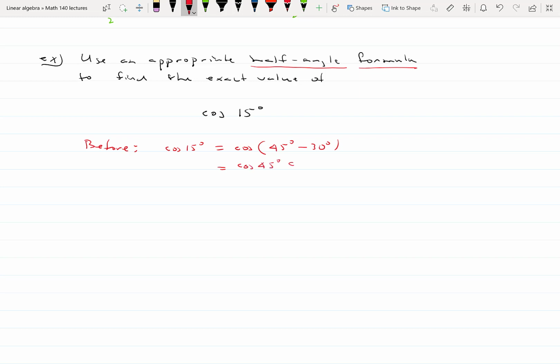Cosine 45, cosine 30, plus sine 45 degrees, sine of 30 degrees. And of course, these numbers are old friends. We know them, or we should know them by now. This is radical 2 over 2 times radical 3 over 2 plus radical 2 over 2 times 1/2, and then combine radicals. Radical 2 times radical 3 is radical 6. It's radical 6 plus radical 2 over 4.